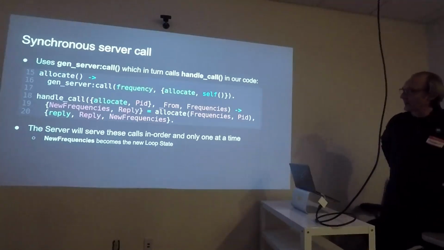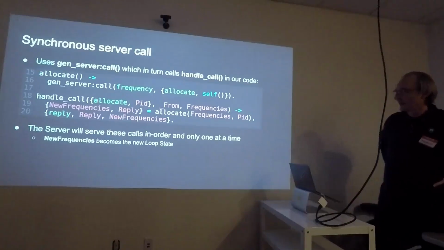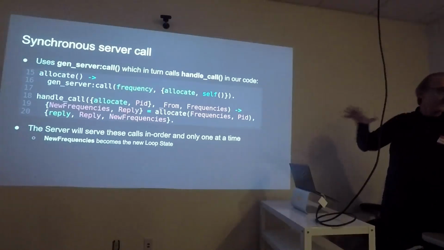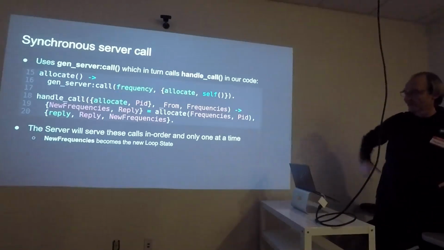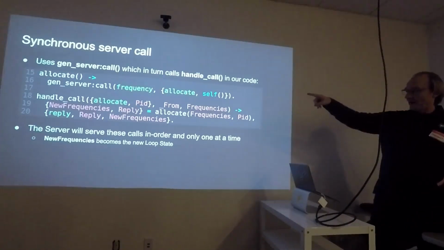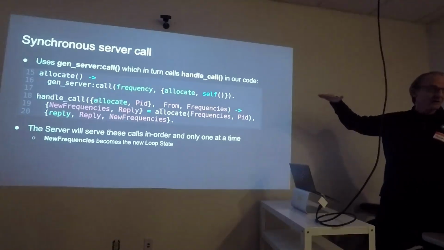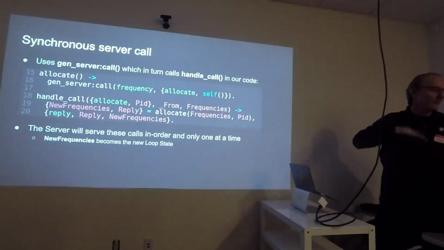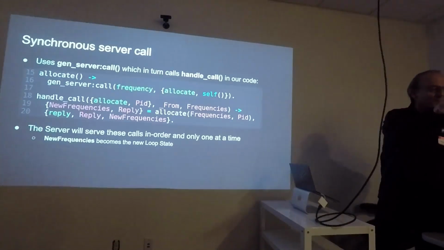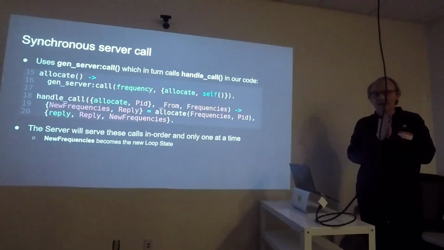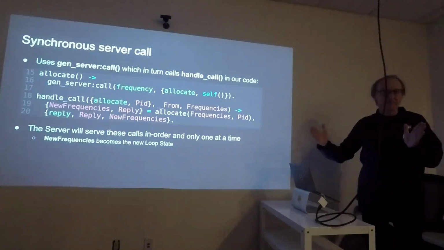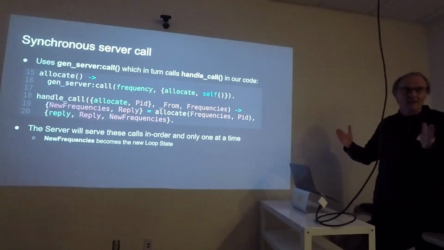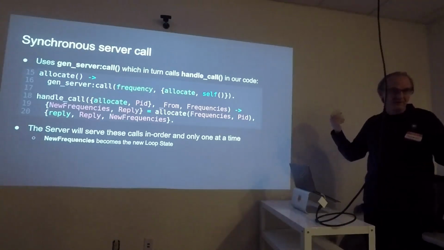Then the allocate function is something that I was using in my code, and it simply does a call to the gen server. This is a synchronous call, meaning I block my process while I send it to the server, and the server is treating these calls in sequence as well, so it doesn't screw up the state or anything.